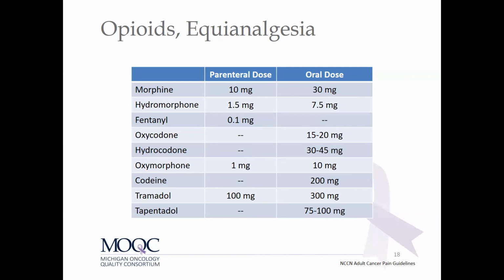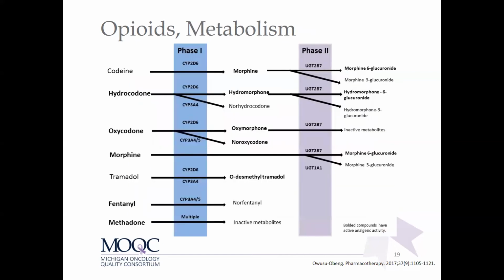The patient populations are often very, very different, but in general, these ones come from the NCCN Adult Cancer Pain Guidelines and are generally widely accepted, but it's more often that this is an art rather than it is a science. So you should generally know how to convert those opioids with a table somewhat similar to this.